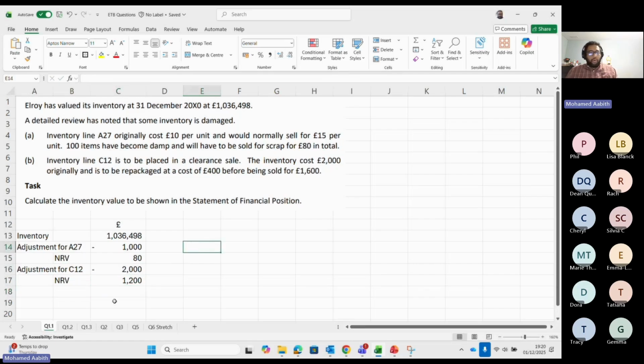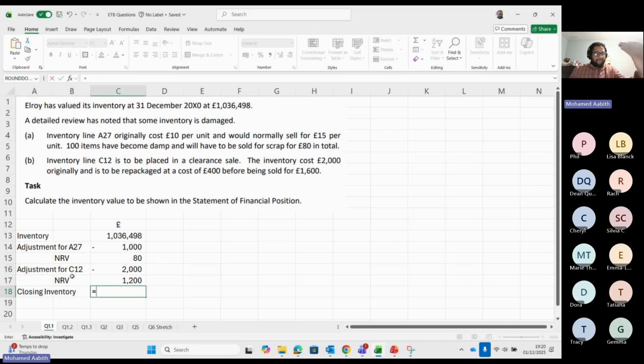So now what we're going to do is find the inventory. The closing inventory will be the total value of the items, so we have to take away 3,000 and add 1,280. I'm just going to simply do a formula here. It will be 1,034,778 pounds.